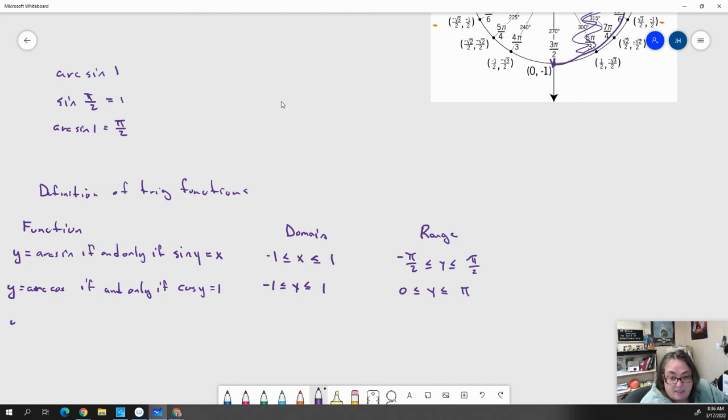And then our last one is tangent. y equals arc tan x if and only if tangent of y equals x.